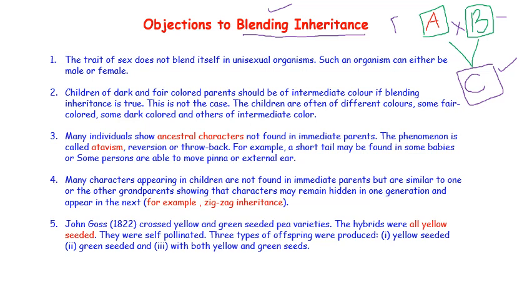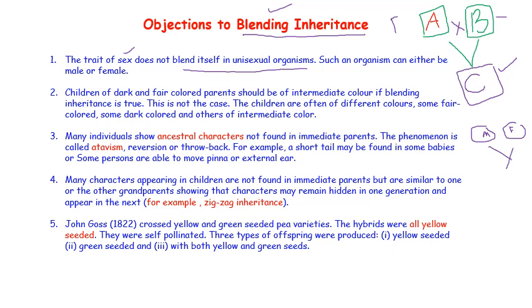Now there were several objections to these theories of blending inheritance that we studied in the previous slides. First, the trait of sex does not blend in unisexual organisms. For example, if we have a male and a female, the offspring of these two parents will be either male or female.